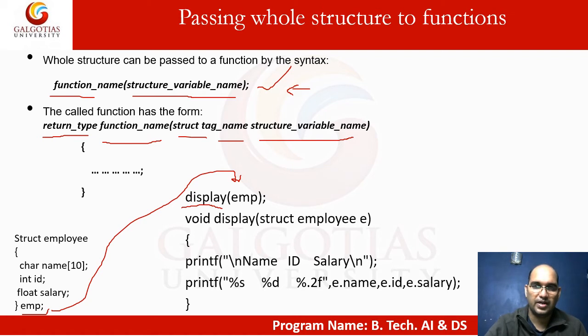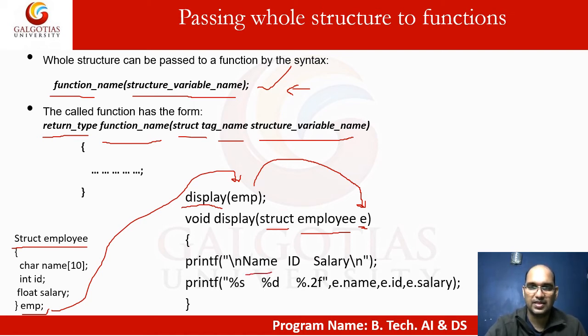So void display, in that you have to write struct, then the name of the structure, that is struct employee, and then you can use any variable name for this. So what will happen? This emp value will come to E, right? Whatever data this EMP contains will come to E.